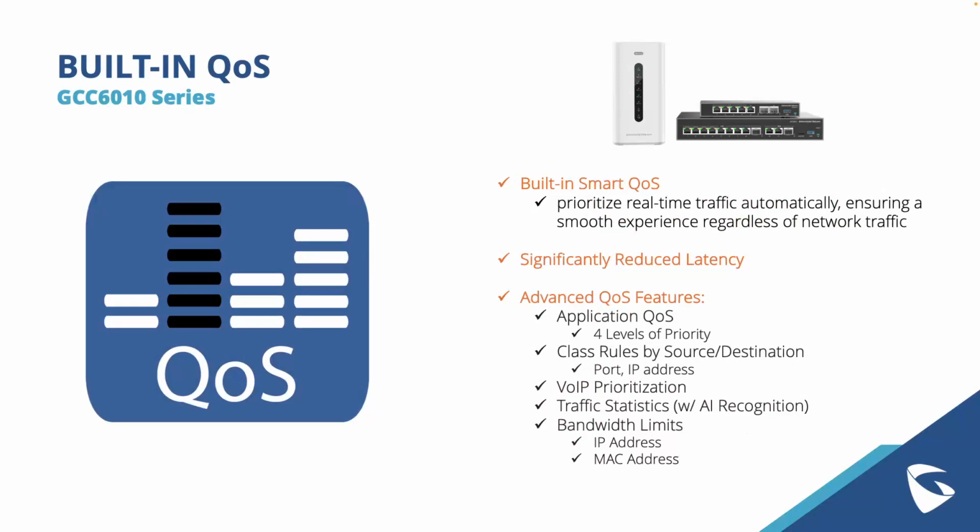You have VoIP prioritization, which is going to allow the user to identify and prioritize the VoIP traffic that's being forwarded by the GCC device. And in addition, it does provide traffic statistics with AI recognition, and it allows for bandwidth limits to be set by the IP address and the MAC address.